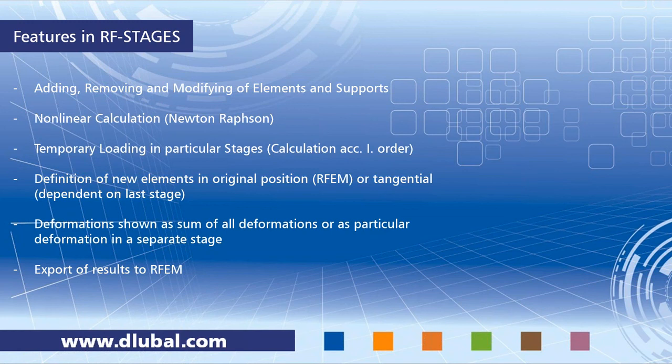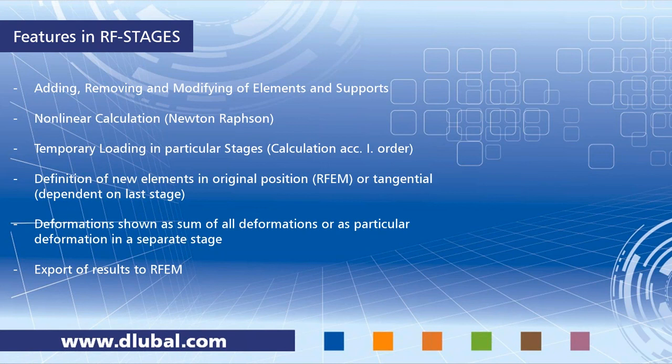specific stage you can use temporary loads. That's the next point in this slide. What does it mean? For example, you have a temporary load like a crane or something like this in stage number 2, representing some construction workers or a construction truck maybe, and you want to inspect a combination of different positions of this load.